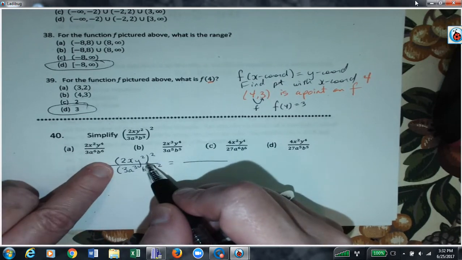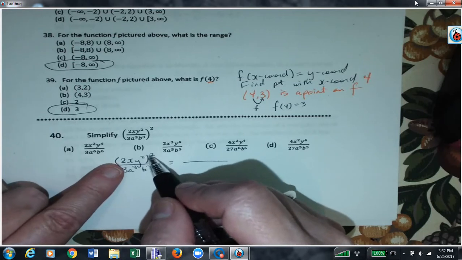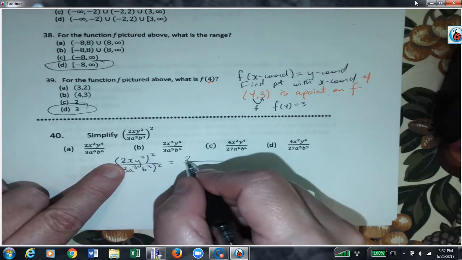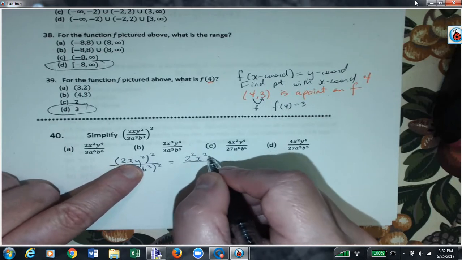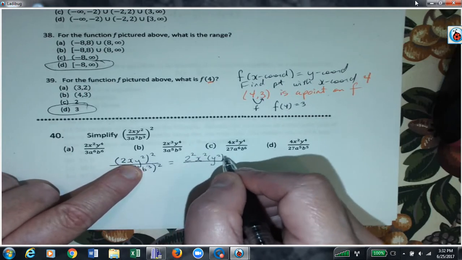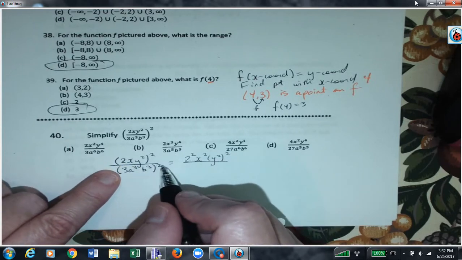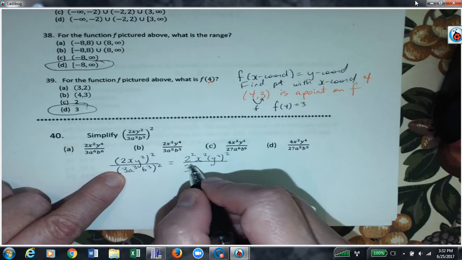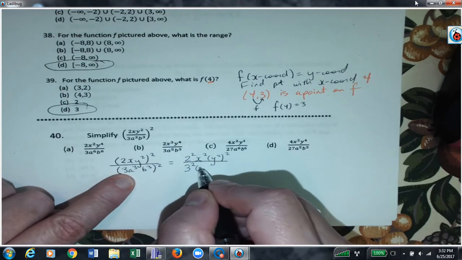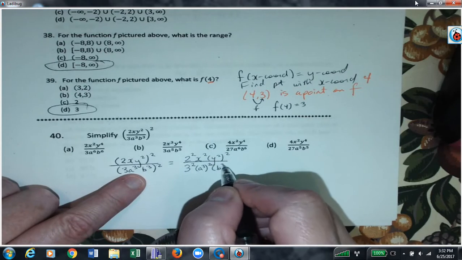Now, in the numerator, if this is outside, then to get rid of these parentheses, I apply it separately to everything inside. 2 squared times x squared times y squared, all squared. Same for the denominator. To get rid of these parentheses, I have to apply that to everything inside separately. So it'll be 3 squared times a cubed squared times b cubed, all squared.